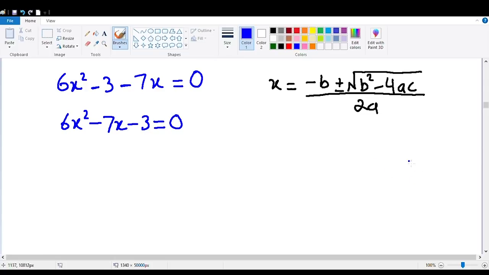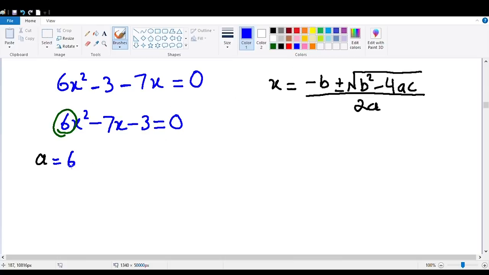So a, which is the coefficient of x squared, is 6.